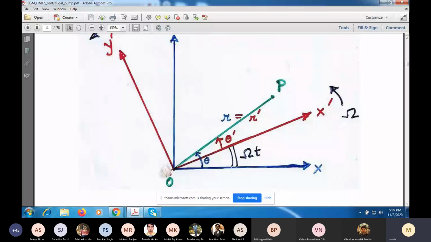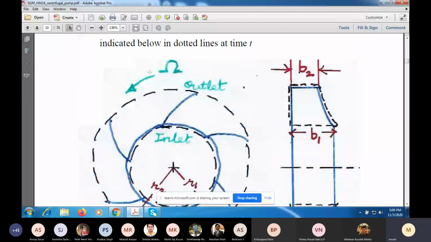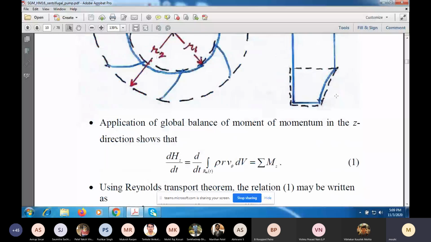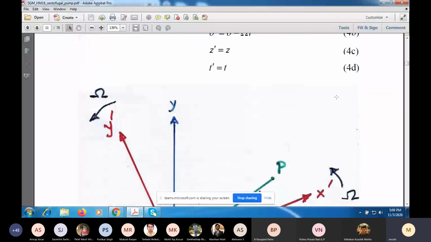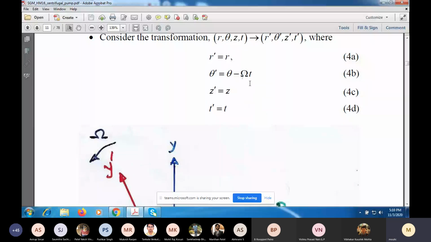Let these axes rotate with the angular speed of the impeller, which is the same as this omega. Then in that rotating frame, the flow will be steady. And the relation between the prime quantities and the original quantities are as shown here. The only difference is in the angular coordinate.